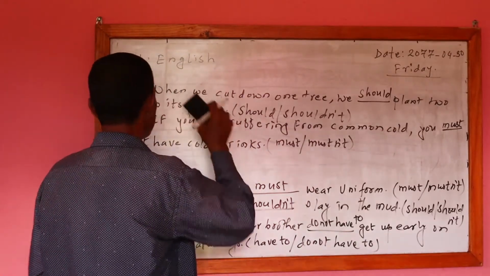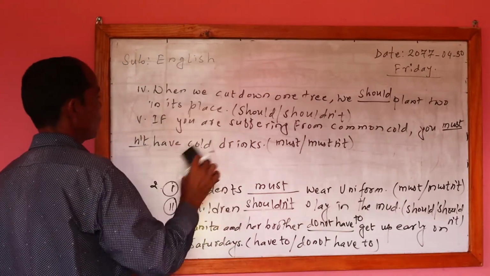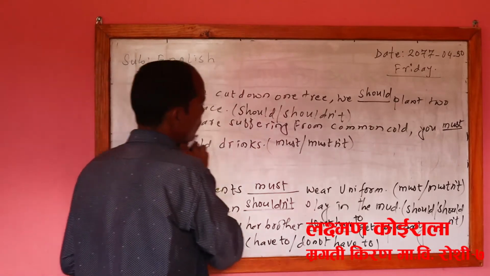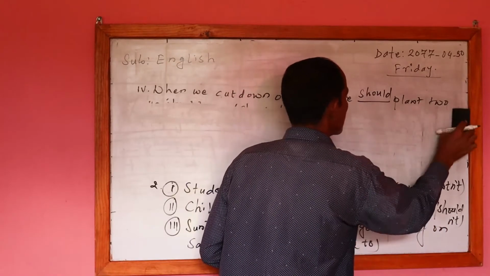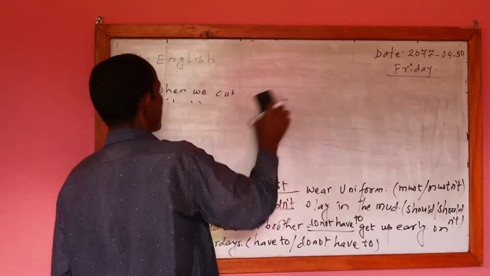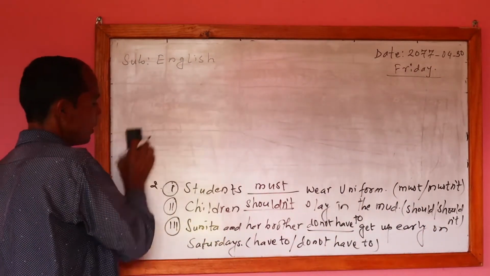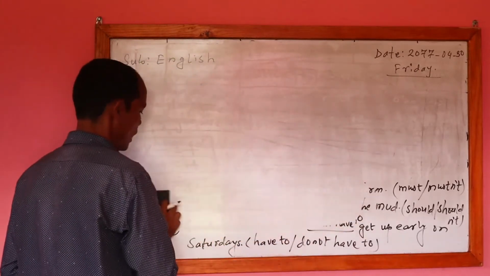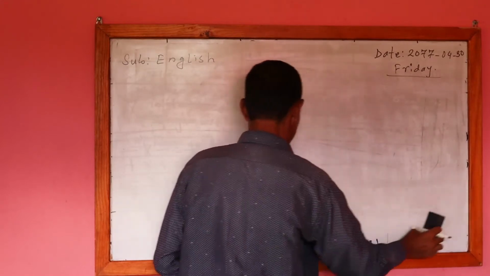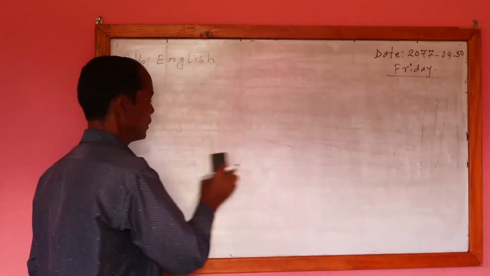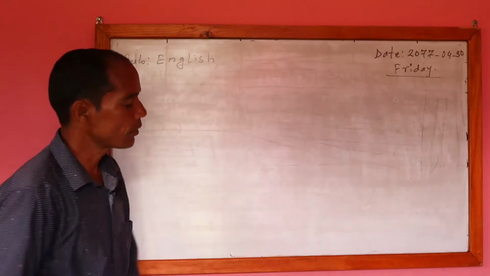Now students, if we have completed it like this, then I would like to suggest that you create some other sentences yourself and try to fill in the blank here. It means you understand whatever you have written here.